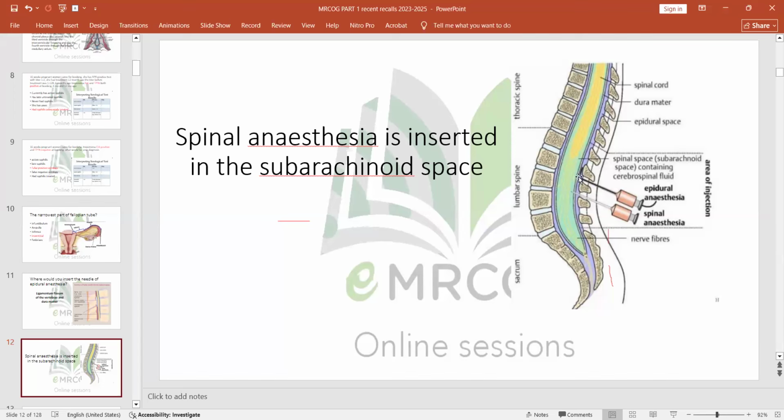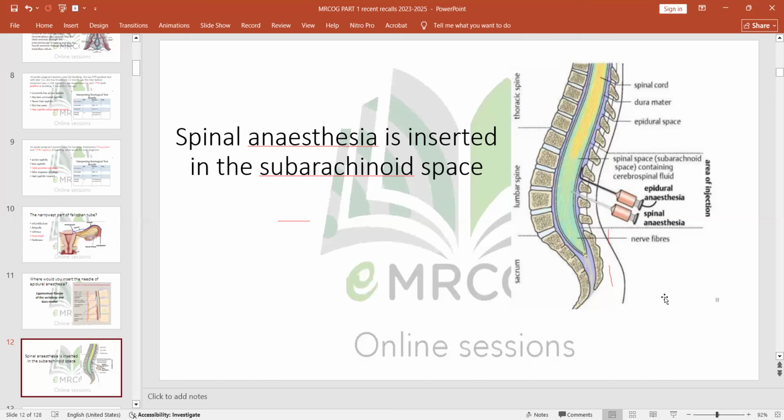What is the spinal space? Arachnoid space. What is the arachnoid space? Which is normally called subarachnoid space. So I'm now between the arachnoid and the dura mater.